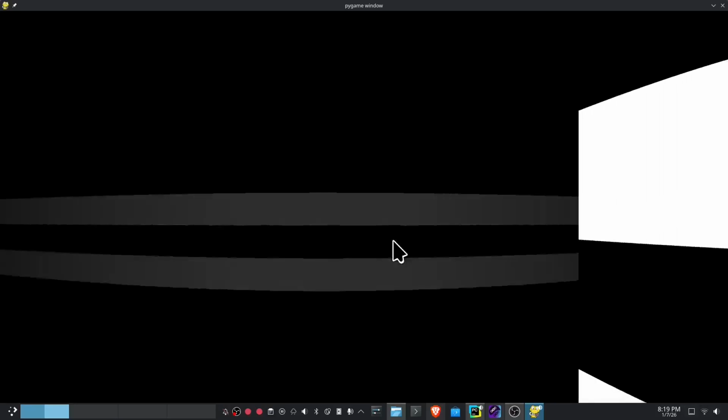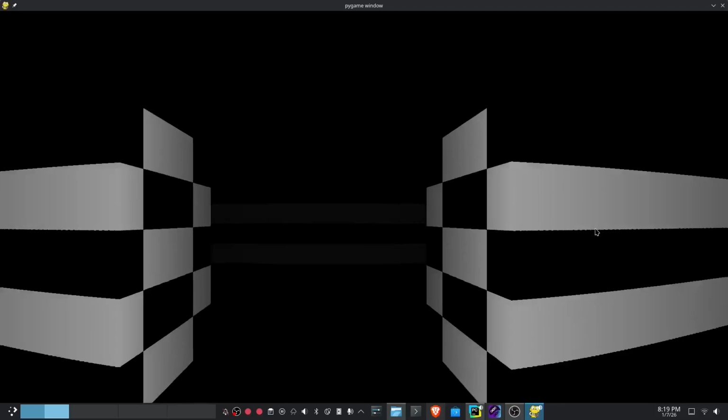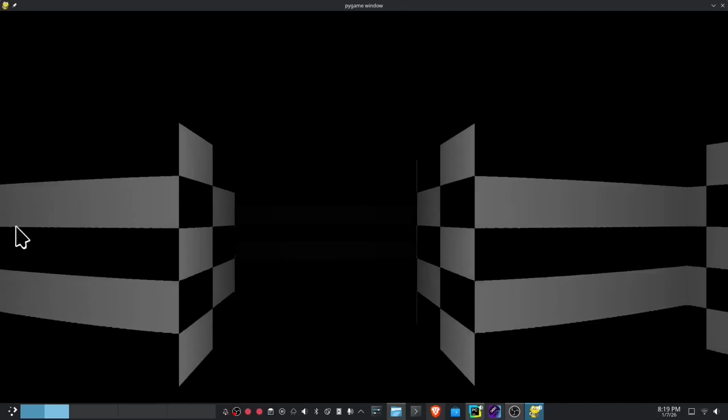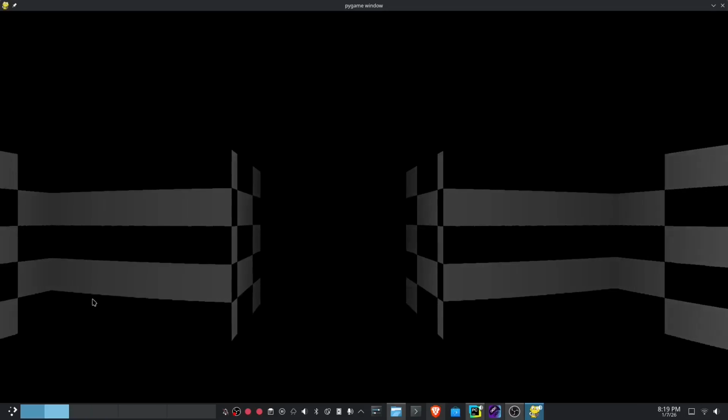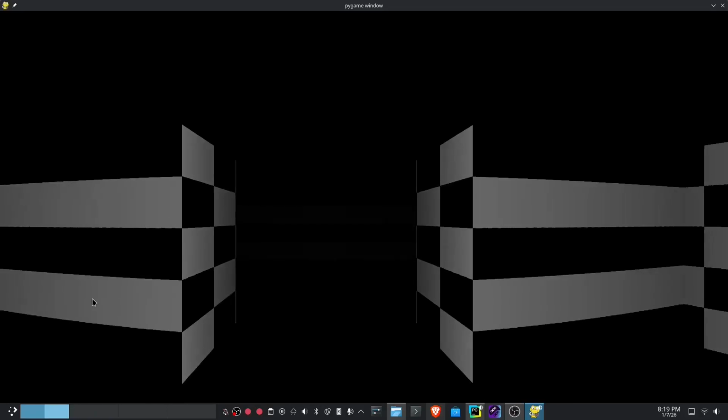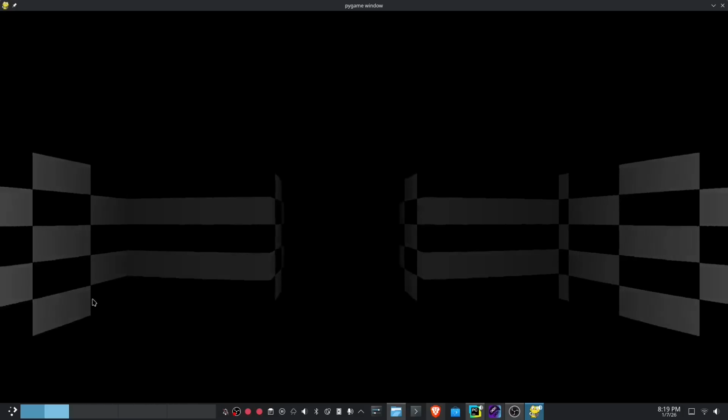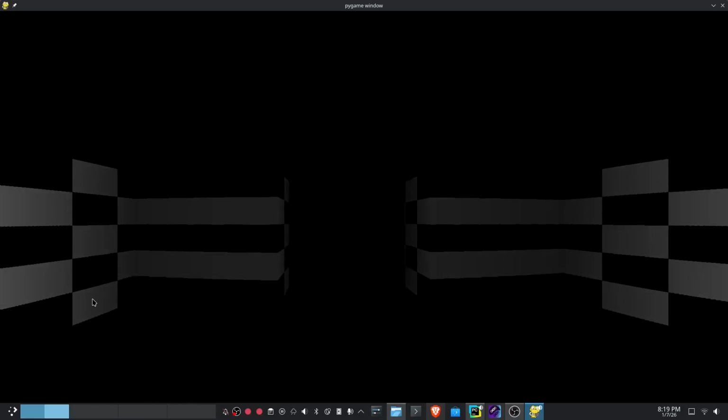I suspected that walls aligned with this axis would all be one texture, and that one texture was decided by the player's position. I was standing back here, so I thought, I'll move back and see if it changes. It should change.